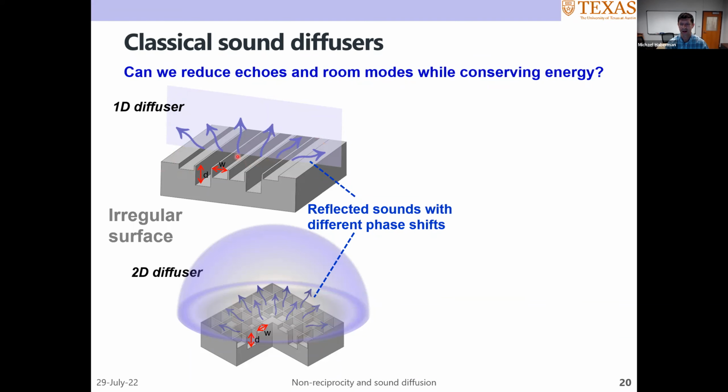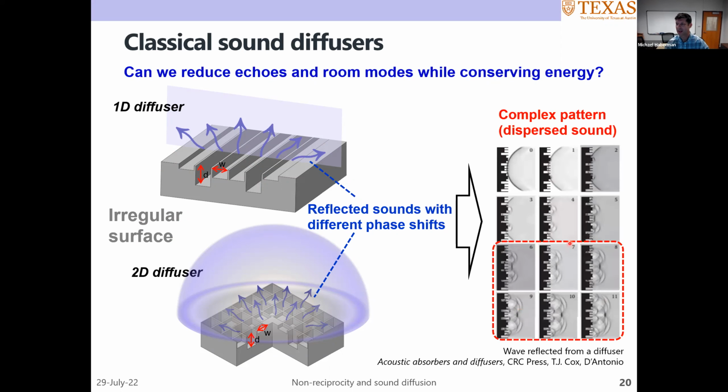So the idea here is that we could produce an irregular surface, in 1D or 2D, and take all of the energy that's incident and backscatter it, just with a little bit of scrambled phase. When we do that, you can disperse the sound.